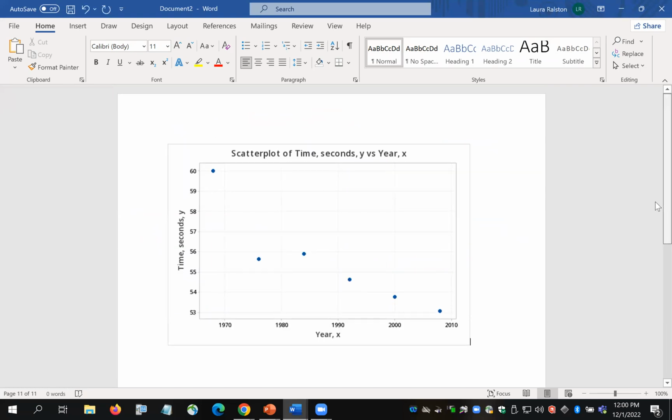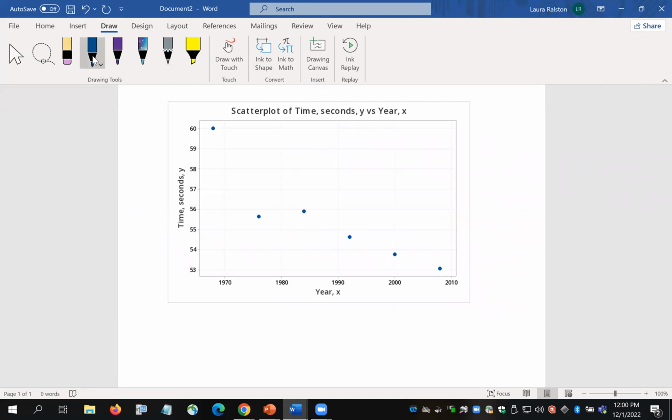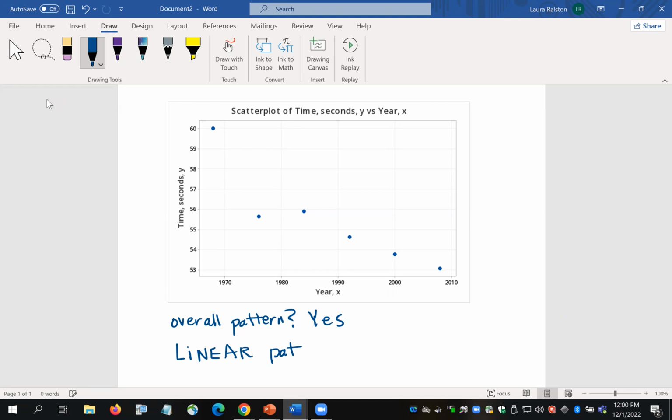You want to then ask yourself 3 questions about the scatter plot. The 3 questions that we ask ourselves looking at the scatter plot: is there an overall pattern? There does appear to be some sort of pattern within the dots. Does that pattern appear to be linear? I think so, I think I could draw a line in there.